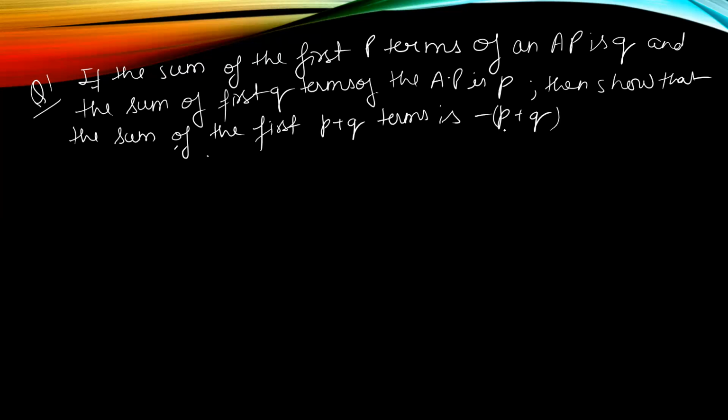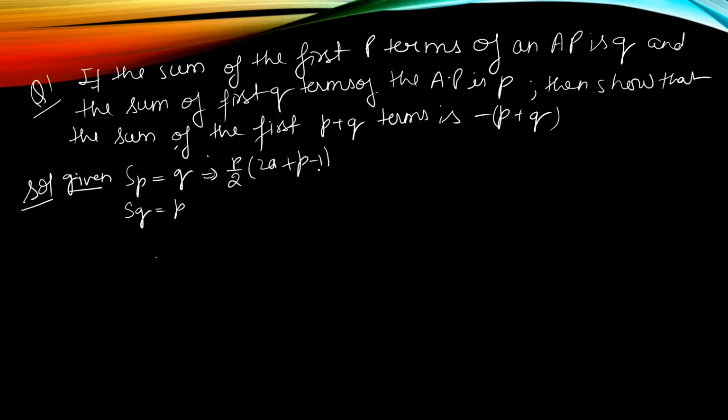So how you're going to solve this problem? Let's see the solution. What is given to you? We are provided with that sum of p terms of an AP is q and sum of q terms of an AP is p. Now this implies p by 2, 2a plus p minus 1d equals to q, right?